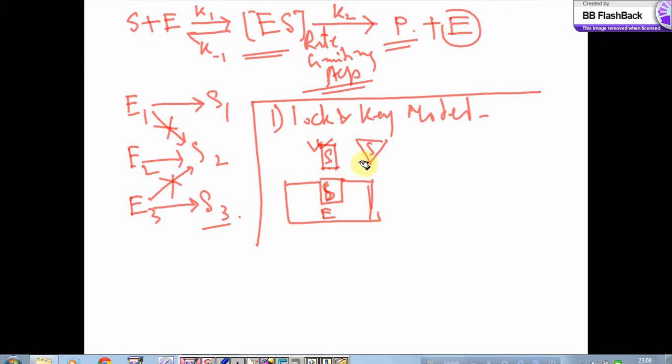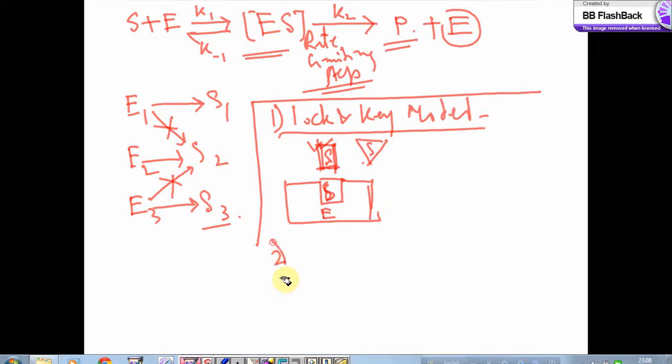The other substrate will never come into this functional core, this reaction zone of the enzyme, because the structure is not perfect for the reaction core of the enzyme. So according to this model, the substrate structure and the enzyme activity core are always structurally complementary to each other. This is the lock and key model.